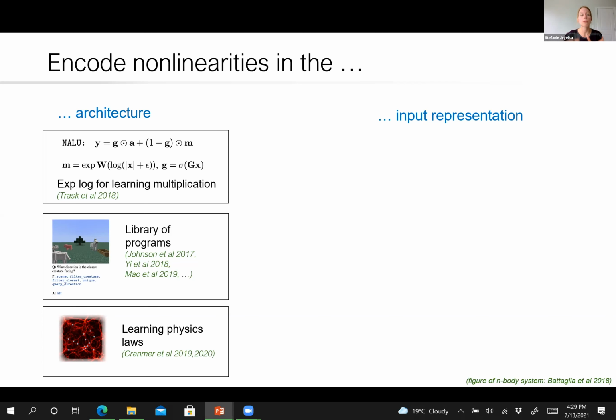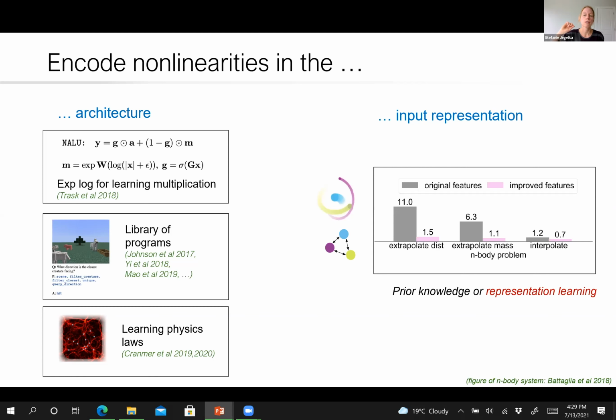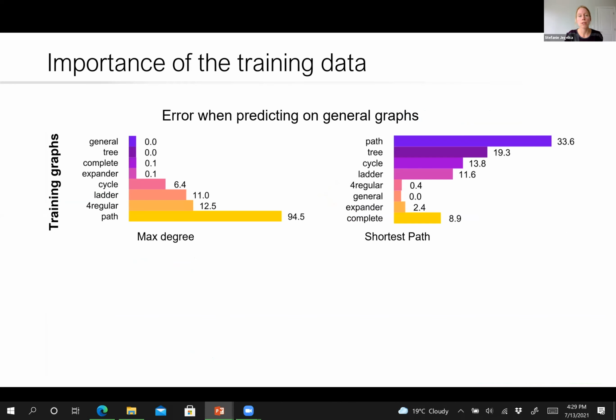So you have implemented the nonlinearities in the right way in your architecture. The other thing you can do is hand design or learn, maybe with pre-training, a better representation of your inputs, so that what you have to learn is more linear. I'm running a little bit out of time, so I'm not going to go into detail of that.